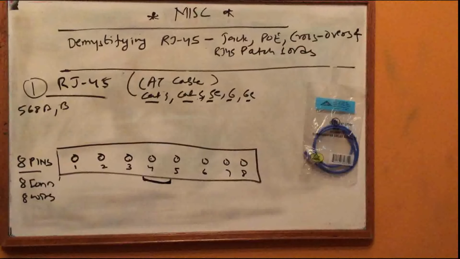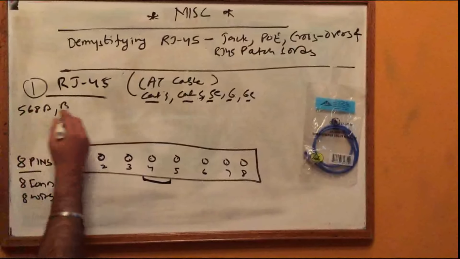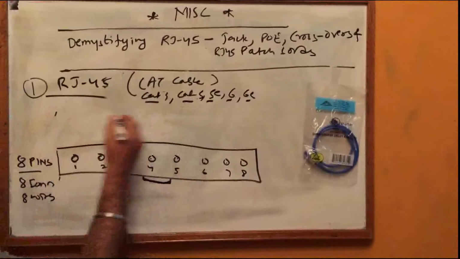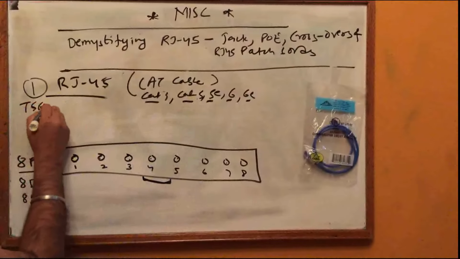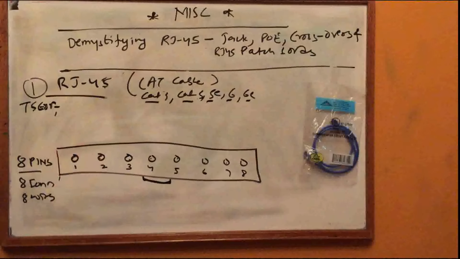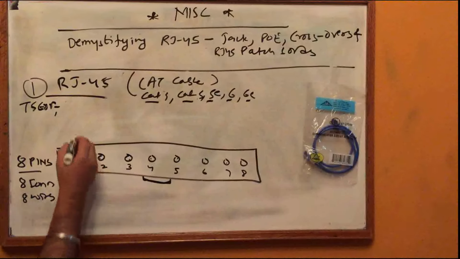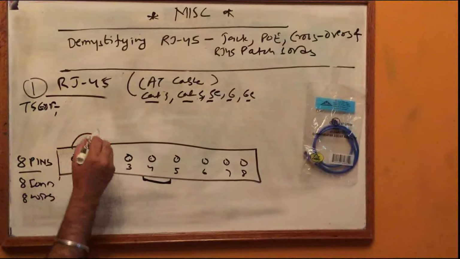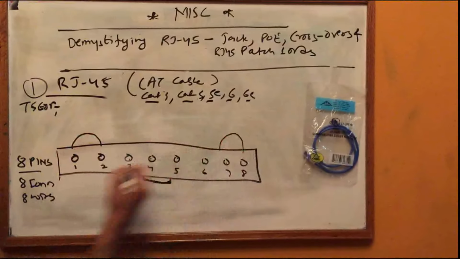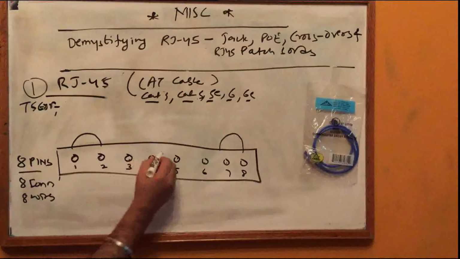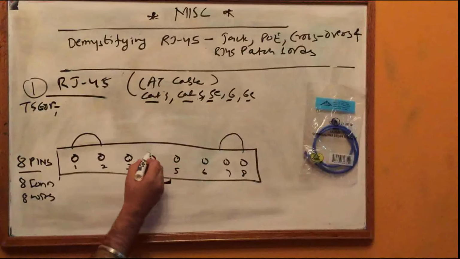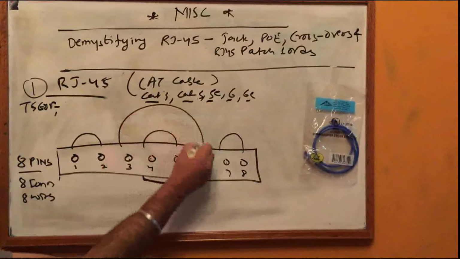So let's talk about the T568 standard first. T568A, which is the TIA standard, right? So we have a total of 4 pairs, right? So the first pair is like this, the second pair is here, the third pair is between this and this, and there's a pair like this, right?